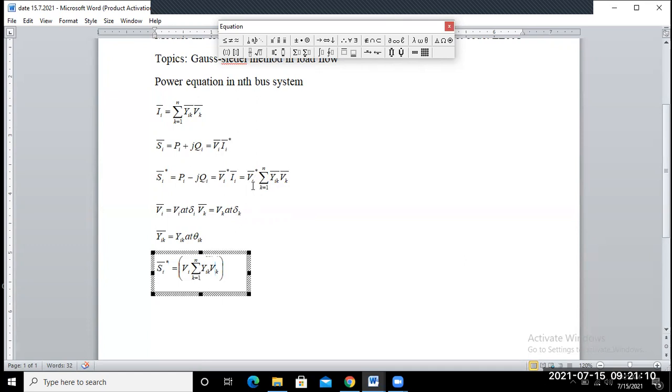So the angle becomes minus, that means at an angle of theta ik plus delta k minus delta i.